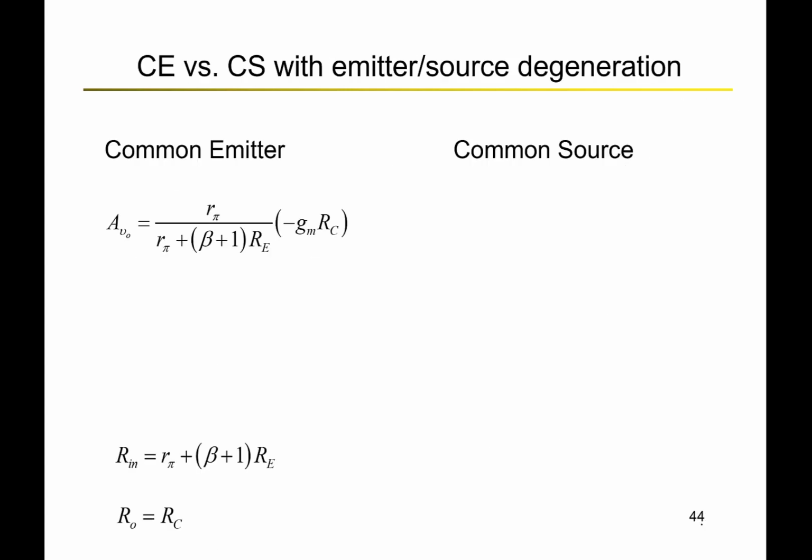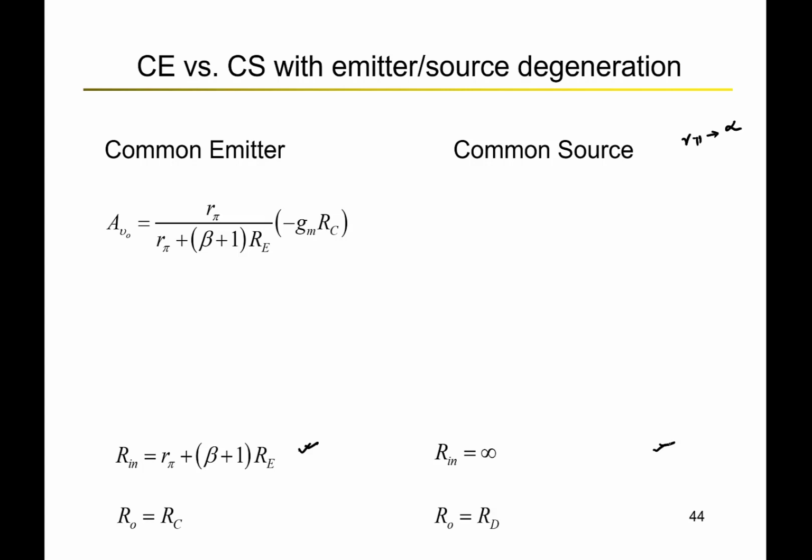So let's try to compare the common emitter and common source both with emitter or source degeneration. We know the formula for the common emitter as we have calculated before. The gain was reduced, the input impedance was increased. So in case of common source, R pi tends to infinity, which means the input impedance will be infinity, and we can utilize this information to modify the common emitter formula to get the common source formula as well.